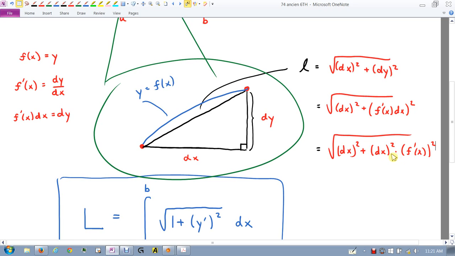Notice these both have dx squareds in them, so I can factor out a dx squared from both of these. And since it's squared, I can take it out of the square root, can't I? So it comes out as a dx. And what's left inside? 1 plus f prime of x squared. But f prime of x is y prime. And there's your dx. So that's where it comes from.